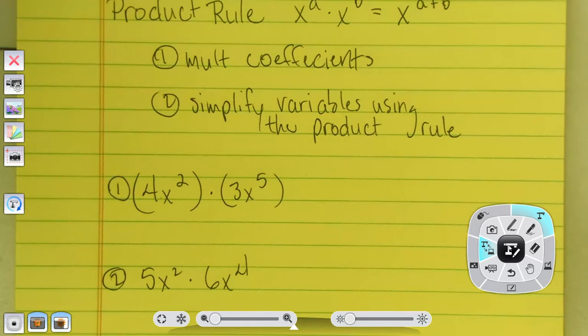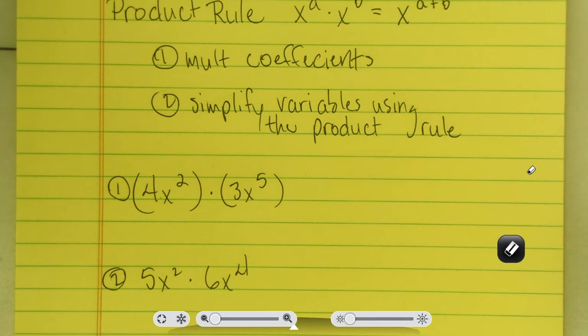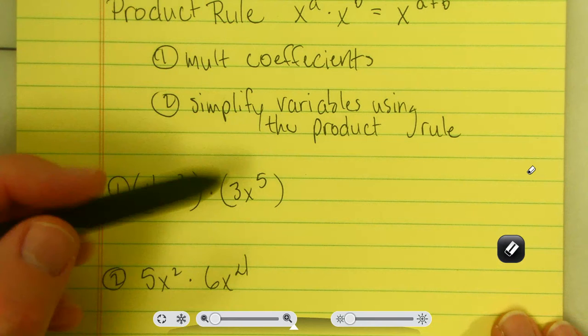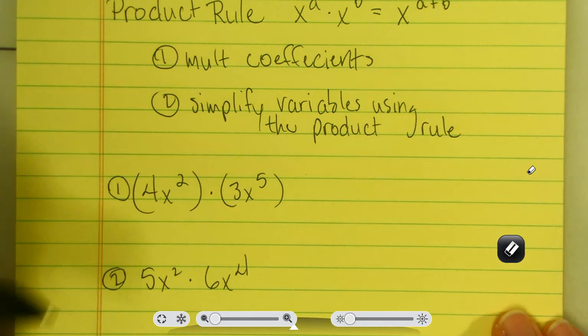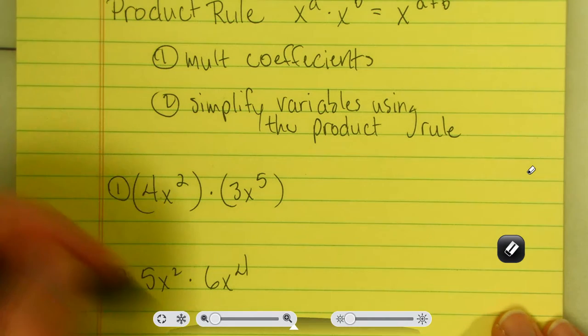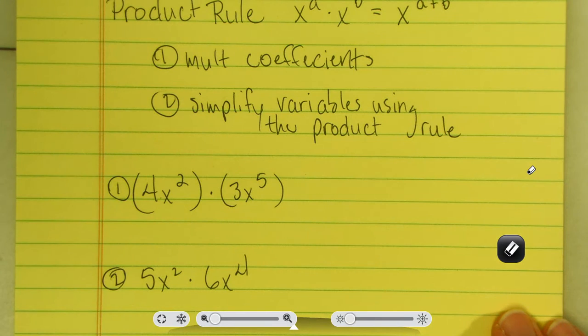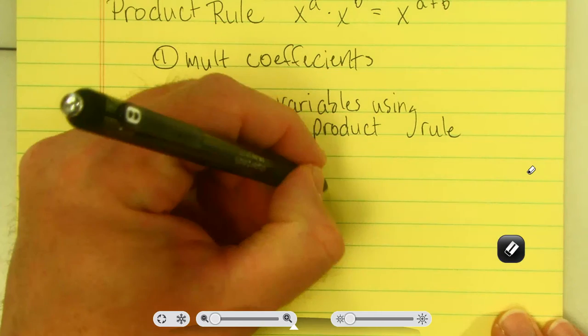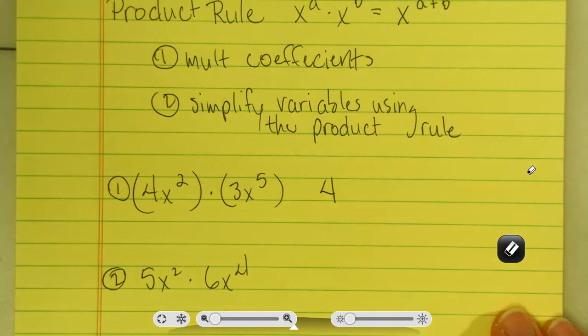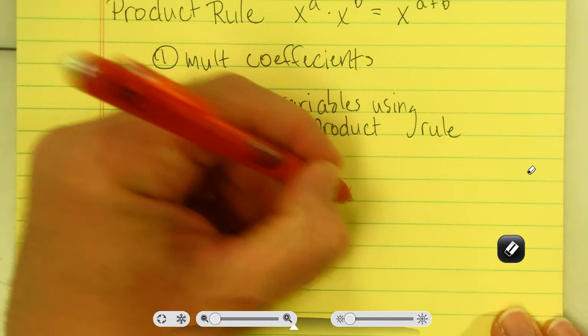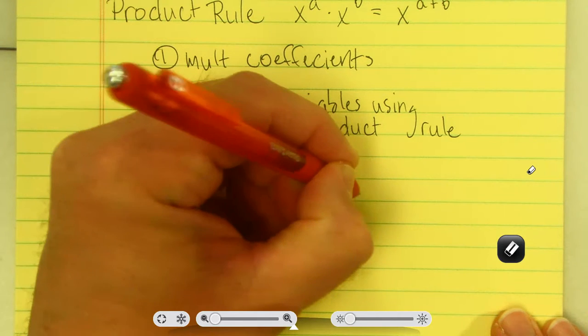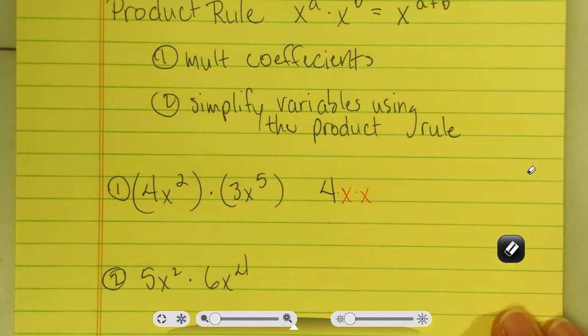Look at number one. Now, number one is 4x squared times 3x to the fifth. Now, I'm going to show you why this works. This works because remember that 4x squared is 4 times x, and x squared literally means x times itself twice.